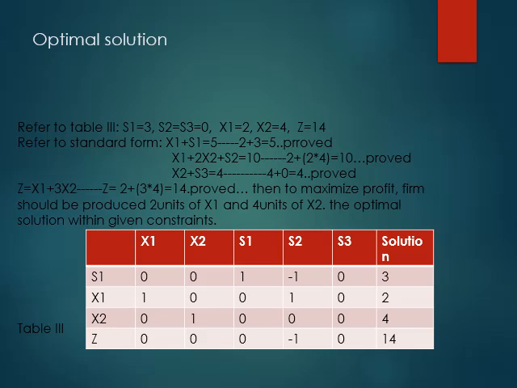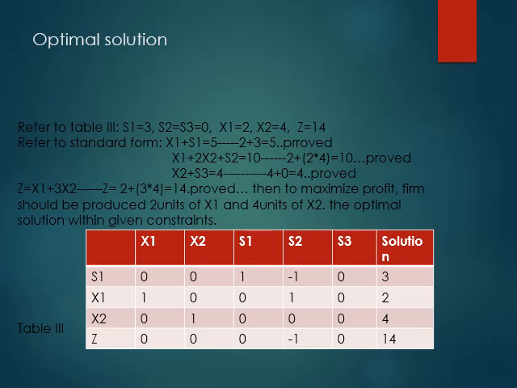S1 equal 3. Check the last column on the right side, the column of solution. S1 equal 3. There is no S2 and no S3, that means S2 and S3 equal 0. X1 equal 2. X2 equal 4. Z equal 14.